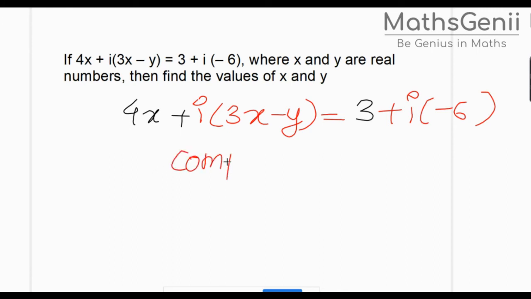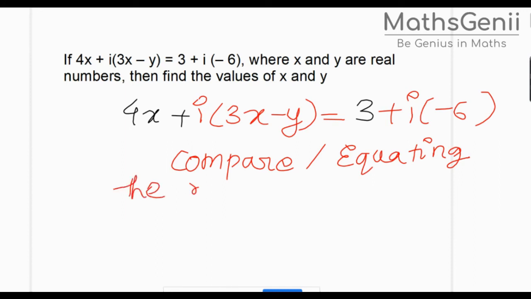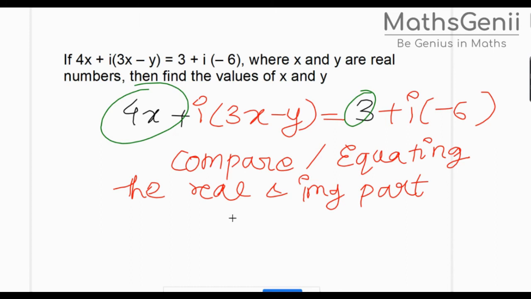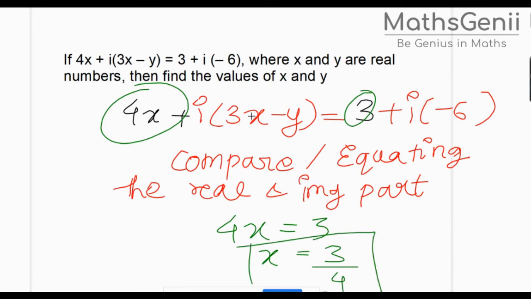Compare real number with real number, or you can write it as equating the real and imaginary parts. What is the real number in this? Real number is something which is without i. So this does not have i and this does not have i. So 4x is equal to 3. x is equal to, this is multiply, goes there, becomes divide.